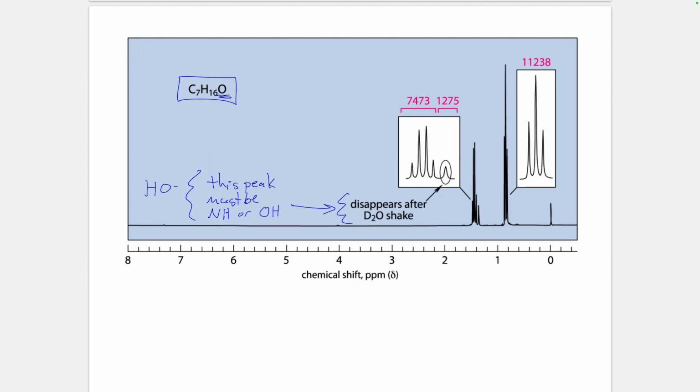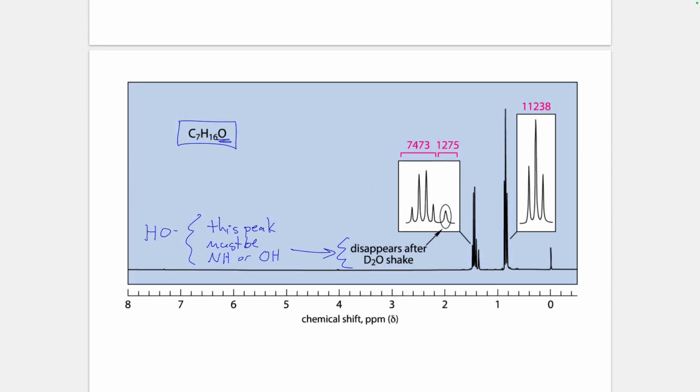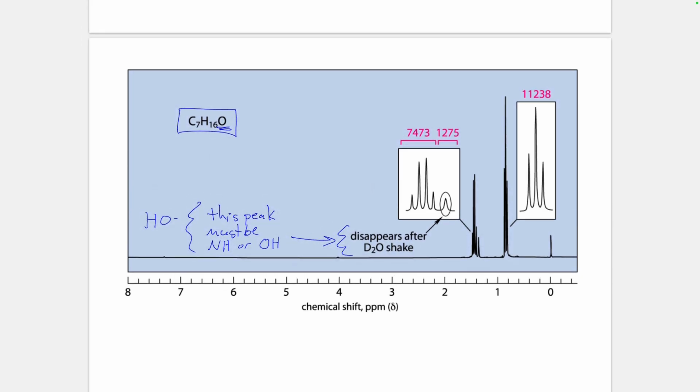We're given some integration information above the peaks: 7,473, 12,075, and 11,238. These are just really big integral values. What we want to do is normalize the ratio to make it a whole number ratio, or as close as we can get.